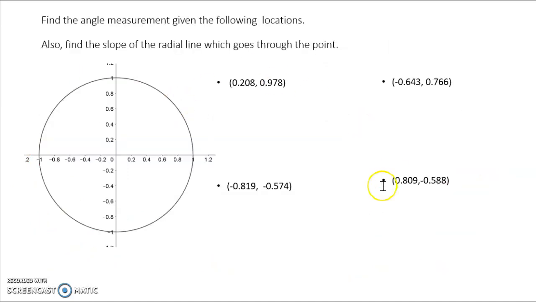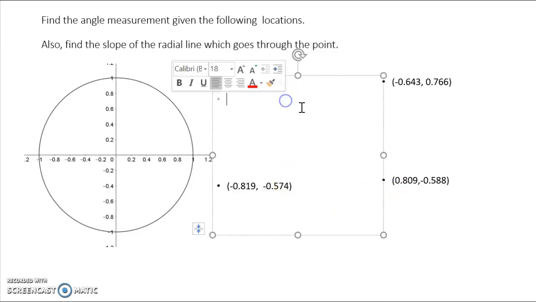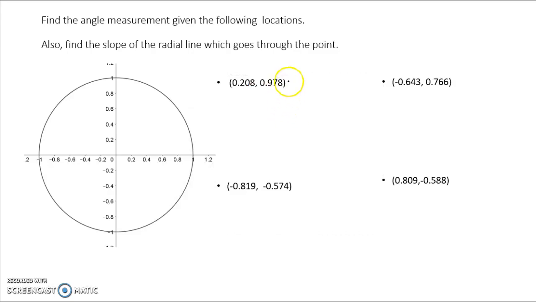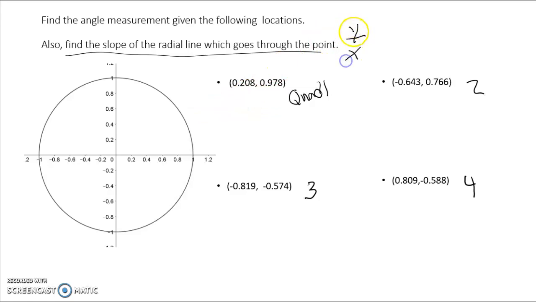So if these are all of our locations, we're going to do the same procedure. This one's in quad 1, so you should probably identify which quadrant you're in right away. Here we're in quad 2, here we're in quad 3, here we're in quad 4. Finding the slope of the radial line every single time is just taking y over x.